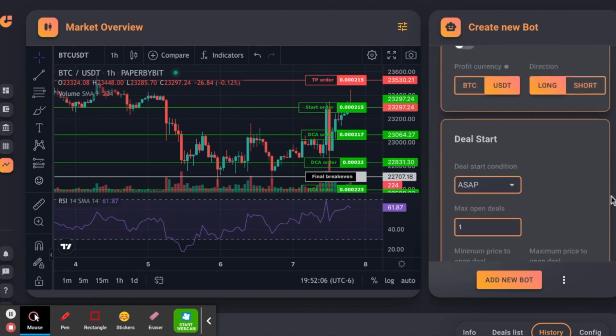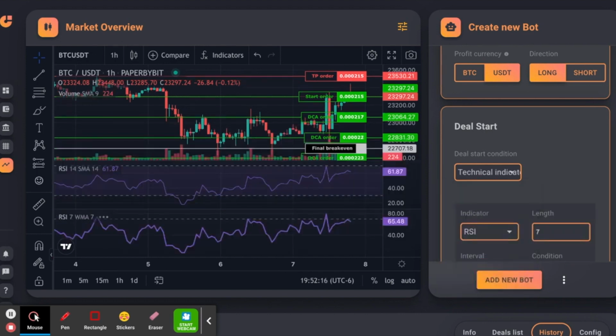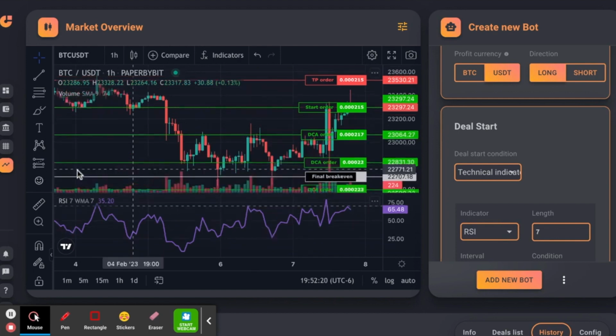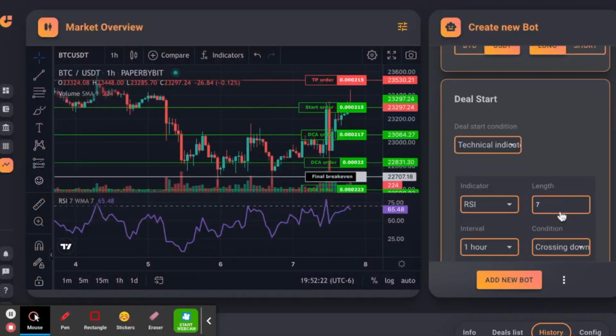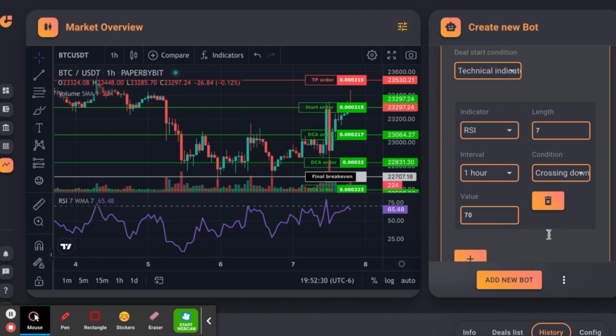So you come down and you could do time based, you could do a webhook, and I'll talk a little bit about those in a bit. Here are the technical indicators. What you're going to want to do is you have your RSI interval 1 hour, you're crossing down the 70%.